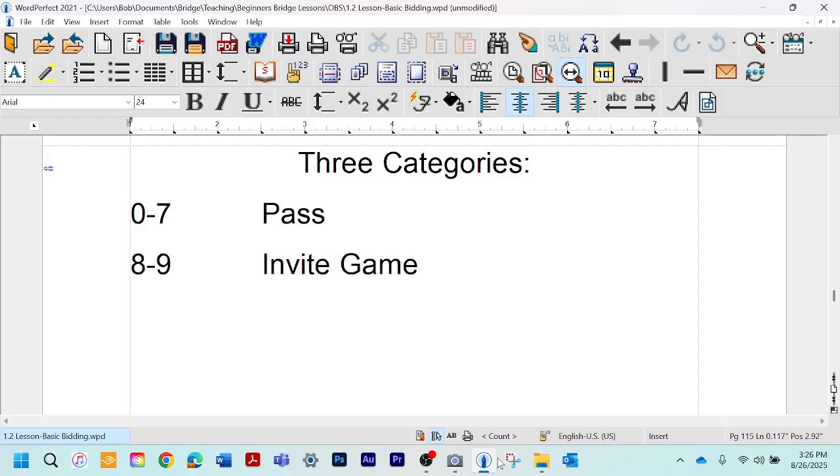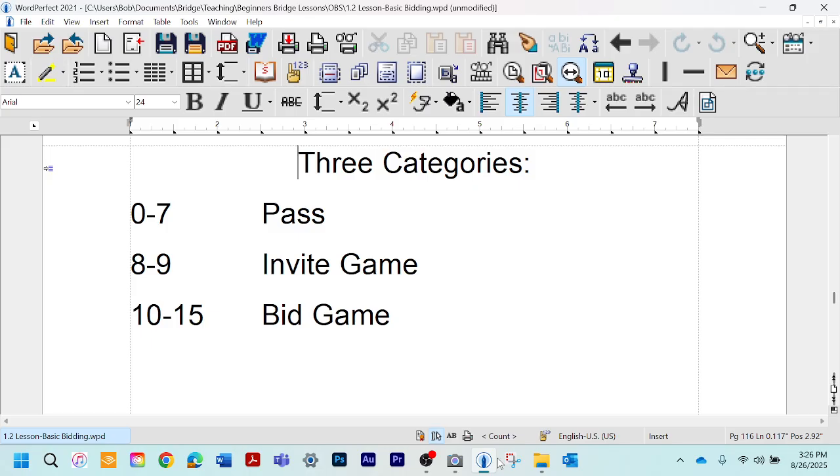The next category is 8 to 9. Think about the numbers. If you've got 8 and he's got 17, that's 25. If you've got 9 and he's got 15, that's 24. So we don't know. So you're in what we call the invite area. So you want to invite him some way or another, him or her, and let them make the decision about what to do.